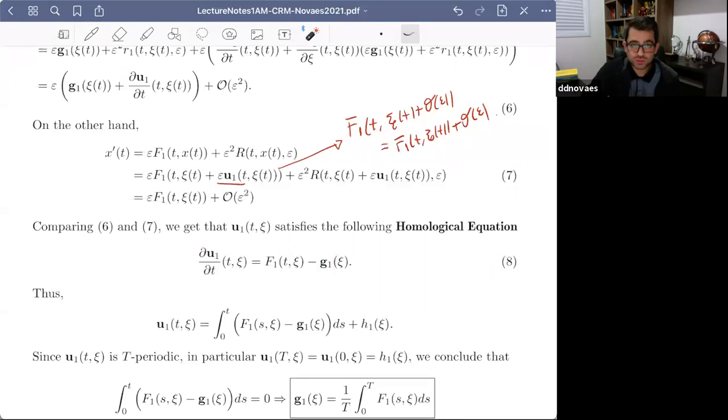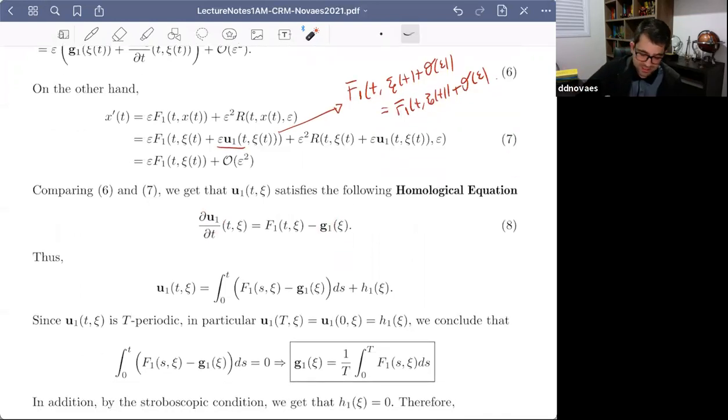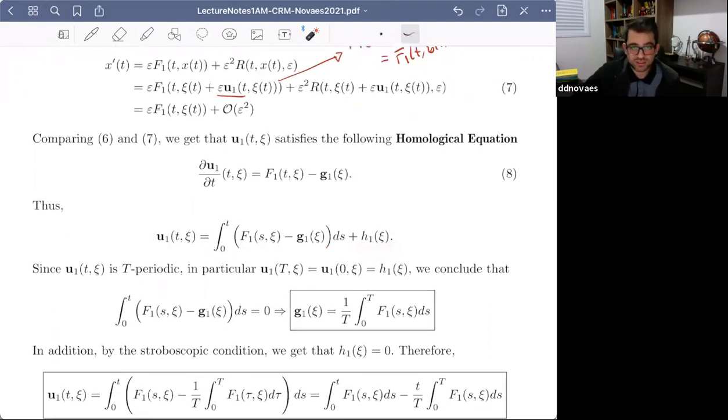So in order to compute the other functions provided by the theorems, we have to compute recursively solutions of homological equations. Just for the first one, we can integrate this homological equation and conclude that u1 is equal to the integral between 0 and t of this difference plus a function which does not depend on t, it just depends on c.